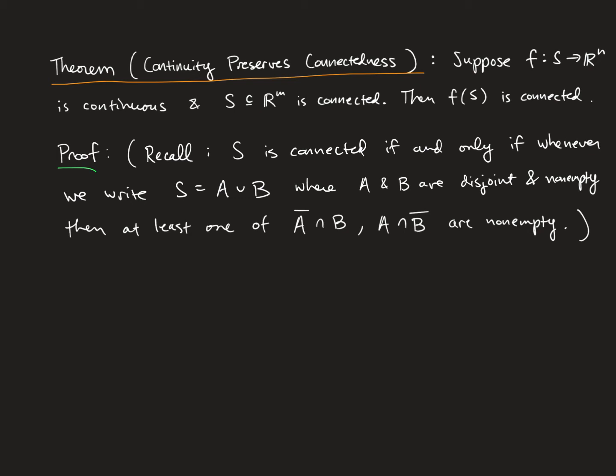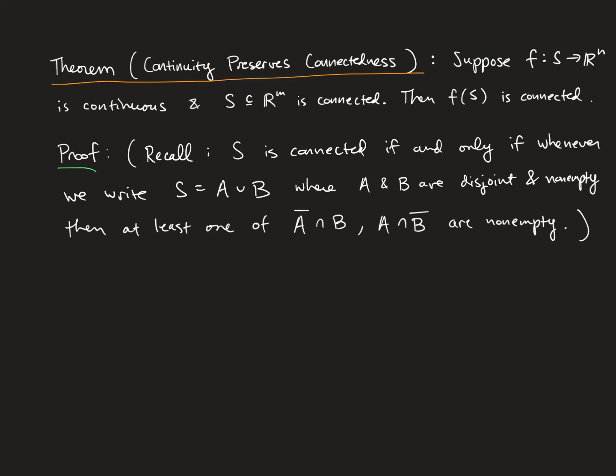Remember, the definition of connected is actually that it's not disconnected. So you give a definition of disconnected, and then connectedness is just the negation of that. So this is a way of characterizing connected without using a negation. Okay, so that's our characterization of connectedness, and we have to show that f of S satisfies this condition.